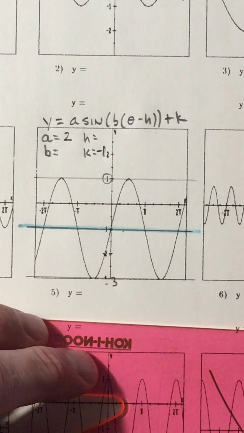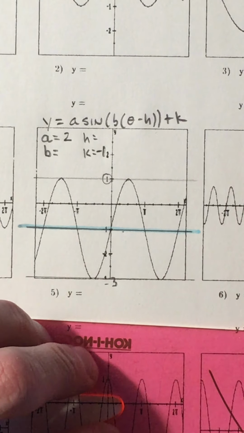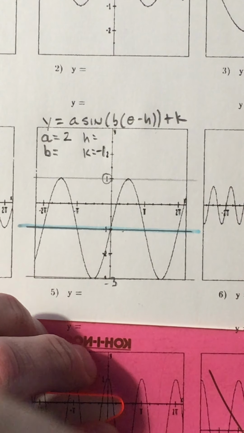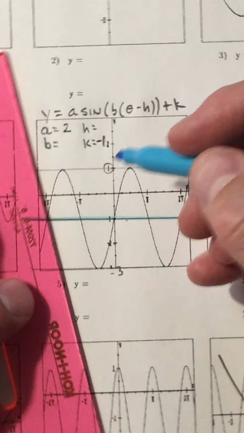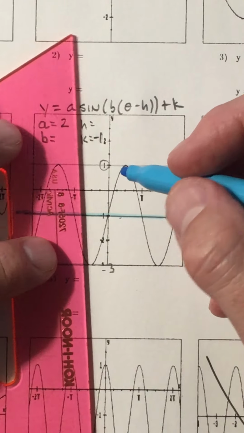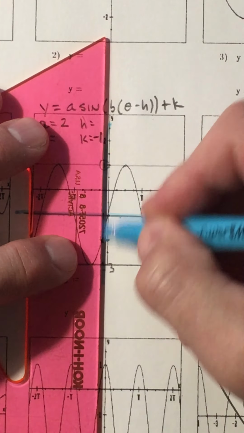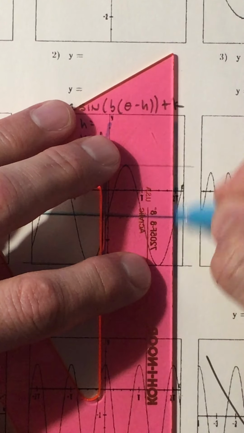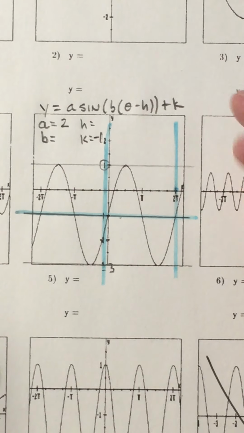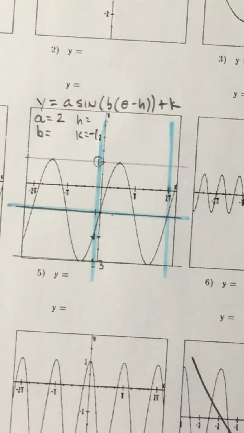Okay, the next thing that we're going to do is we're going to get the b value, which is the number of cycles in 360 degrees or 2 pi. So what I'm going to do is I'm going to mark 0 degrees here, and I'm going to find the 2 pi and mark that, and I want to find how many cycles are between those 2 lines.